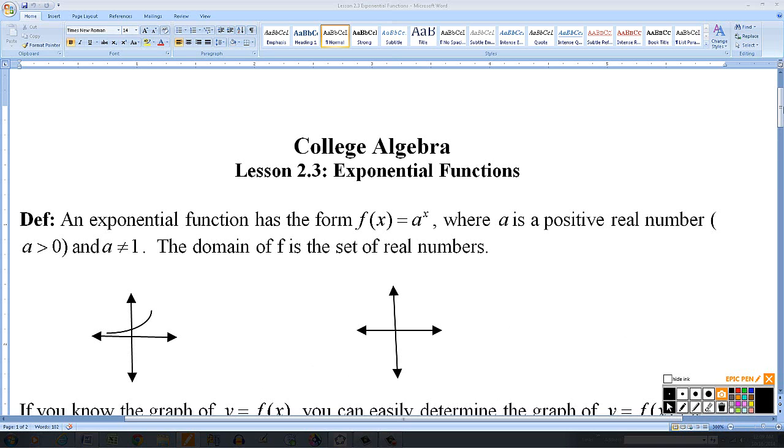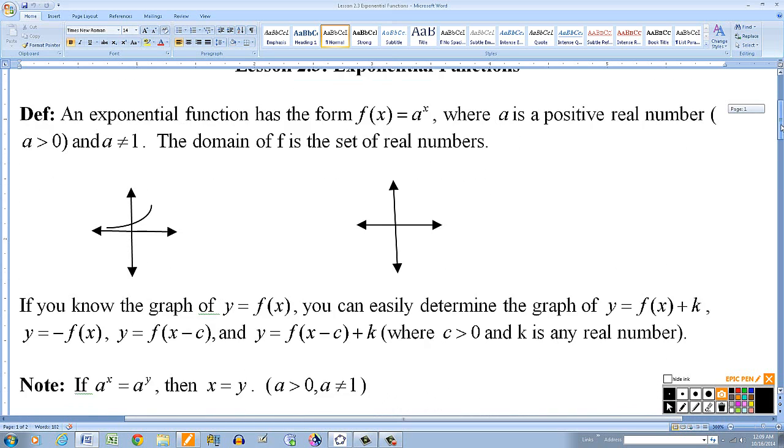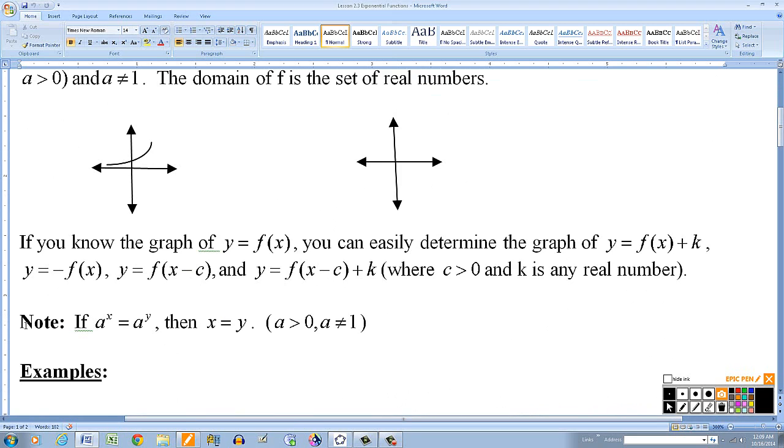Now things can change if things are added. Okay, so I want to make this statement here. If you know the graph of y equals f of x, so let's say the graph of y equals f of x is 2 to the x, which would look like this, then you can determine the graph of f of x plus k. In other words, adding a number or subtracting a number simply moves the graph up or down.